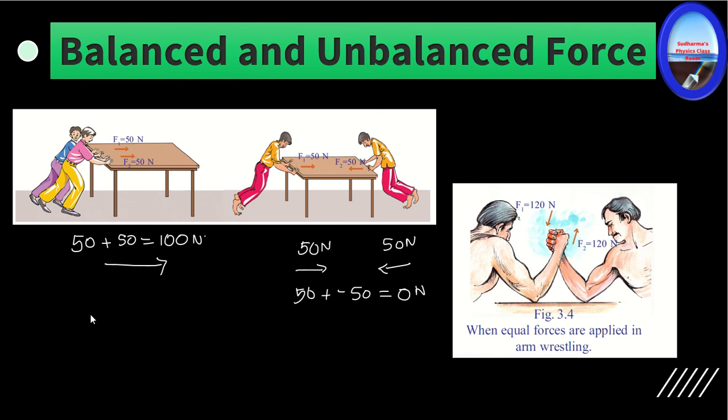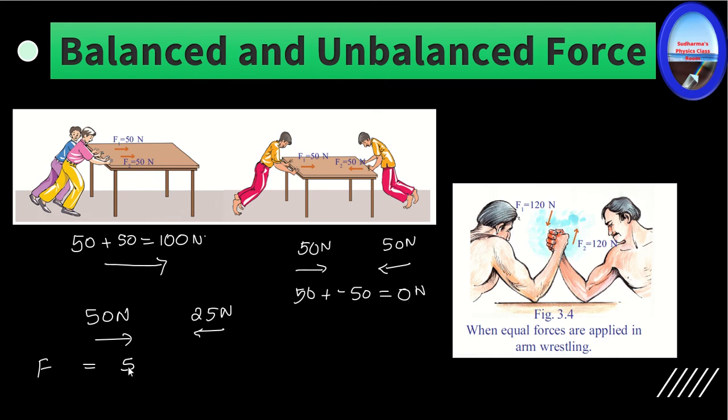Another example, let me just tell you. If I am applying a force of 15 Newton in this direction and another 25 Newton in this direction, what will be the resultant force, the total force or effective force? You see different words in your textbook: net force, effective force, total force. If you see any of these words, that is the total force. What is the result of applying these two forces on that object?